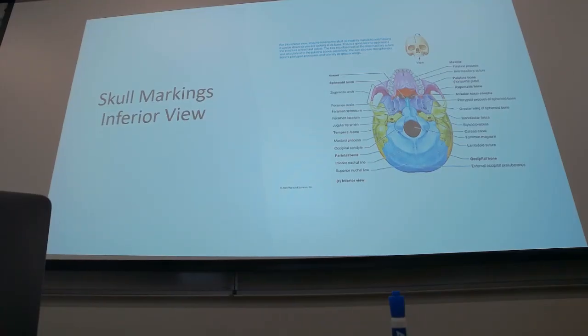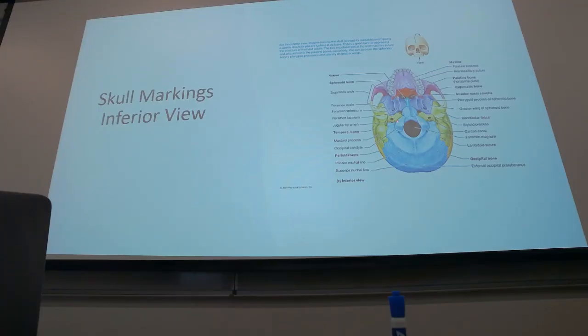So this hypoglossal canal allows the passage of the hypoglossal nerve to go and innervate our tongue so that we can move our tongue. That's hypoglossal nerve. So it's here on the sides of the foramen magnum.